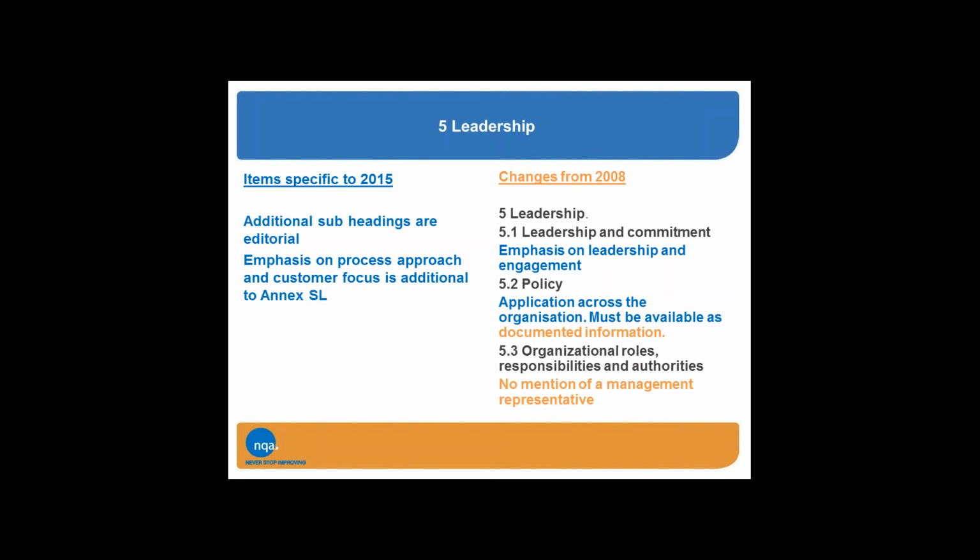So that 2008 and earlier versions of the standard, which had a requirement to have an identified management representative, that explicit requirement has gone. However, if you have such a post and it works well for you, there's no need to change. There's nothing in the standard that says you can't have a management representative.